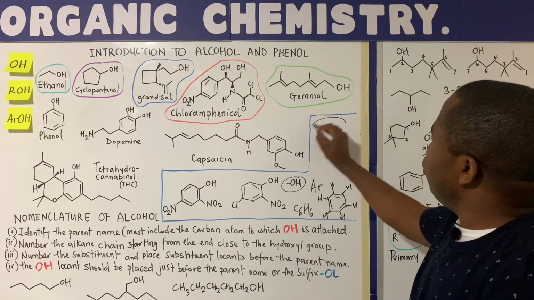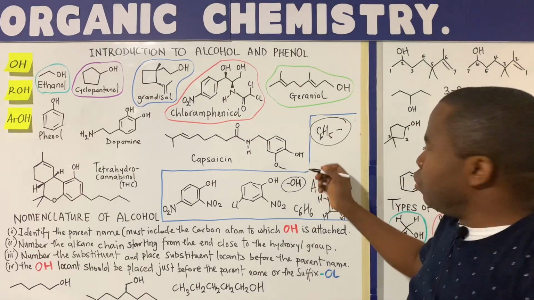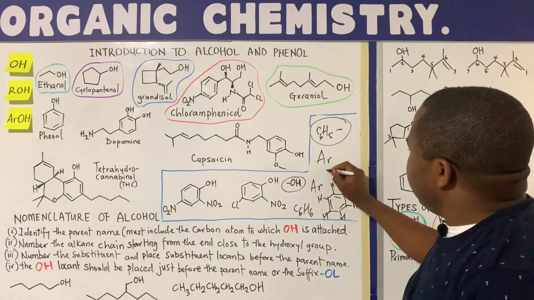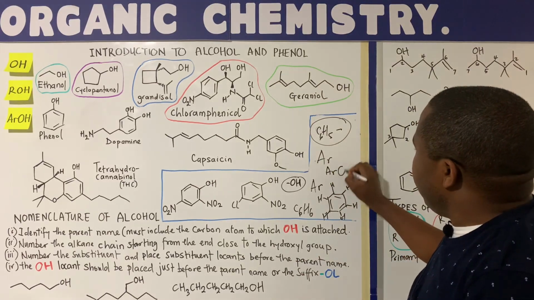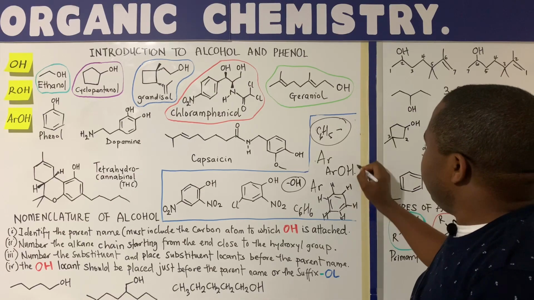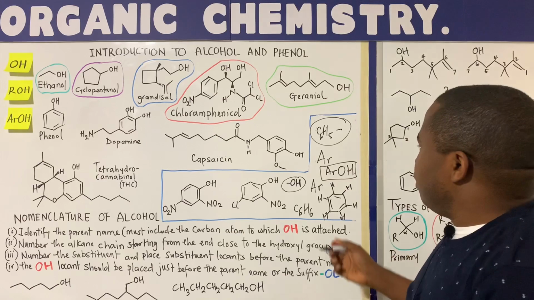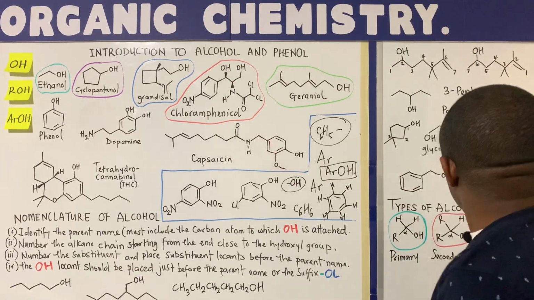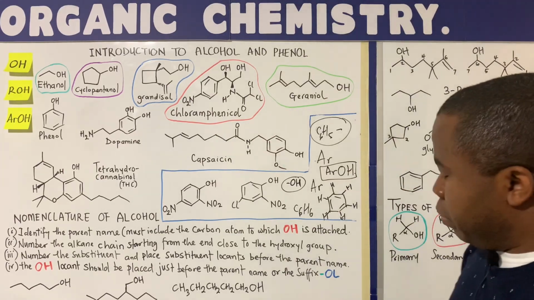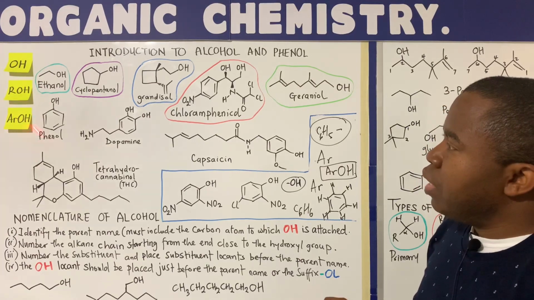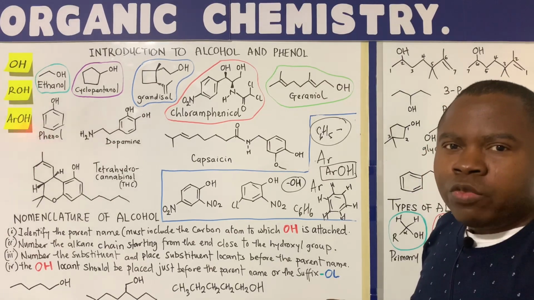So this is used to denote an aryl group, and it is written this way for short. And then you can say ArOH, which is used to denote a phenol. So in this case, we use ROH to denote alcohol, and we use ArOH to denote phenol.